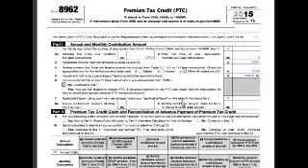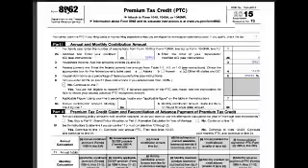I don't know what it is, so I have to go to the instructions for Form 8962. It's easy: go to the IRS.gov website, type Form 8962 instructions, and you get this one, with all the information.